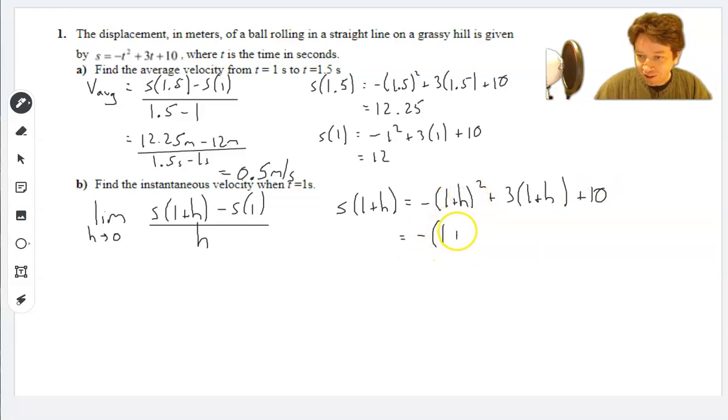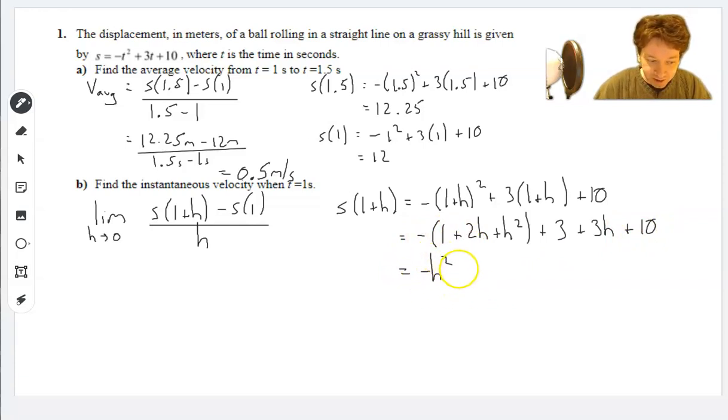So you're going to have 1 plus 2h plus h squared. We can distribute the 3, so plus 3 plus 3h plus 10. And then you just distribute the negative and collect like terms, and you'll have minus h squared plus h plus 12.